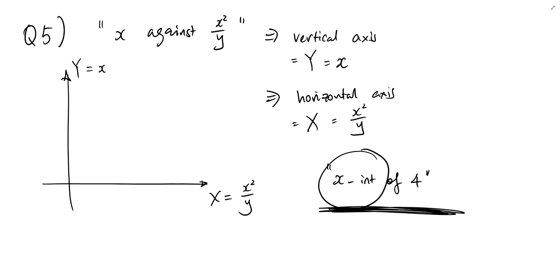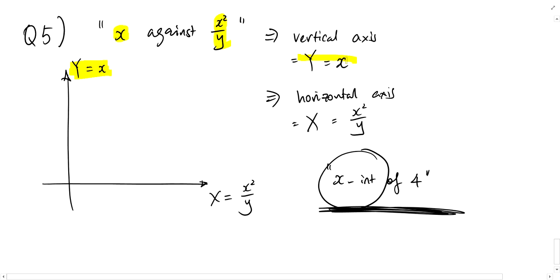Okay, the answer is vertical. Why is it the vertical axis intercept? Look at what I have drawn over here. Our big Y is small x, right? This part may be a bit confusing, but you just need to know that our big Y represents the linear form, which in this case, the question said that we are plotting x against x squared over y.